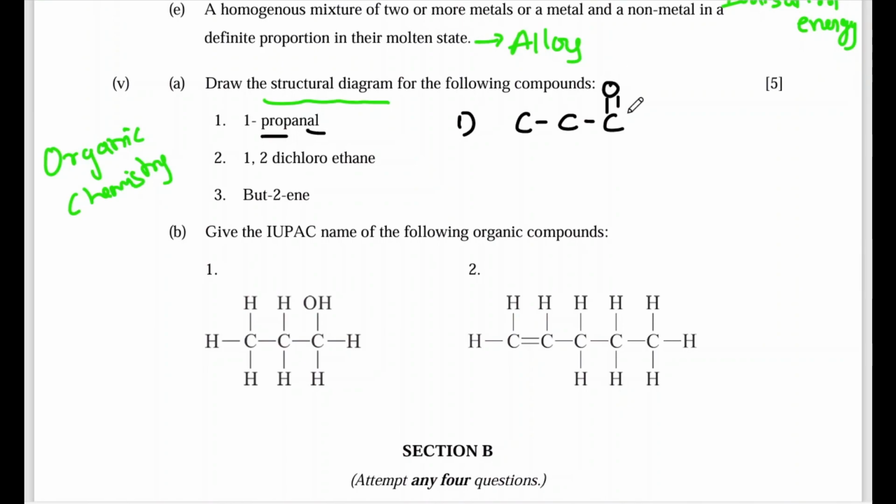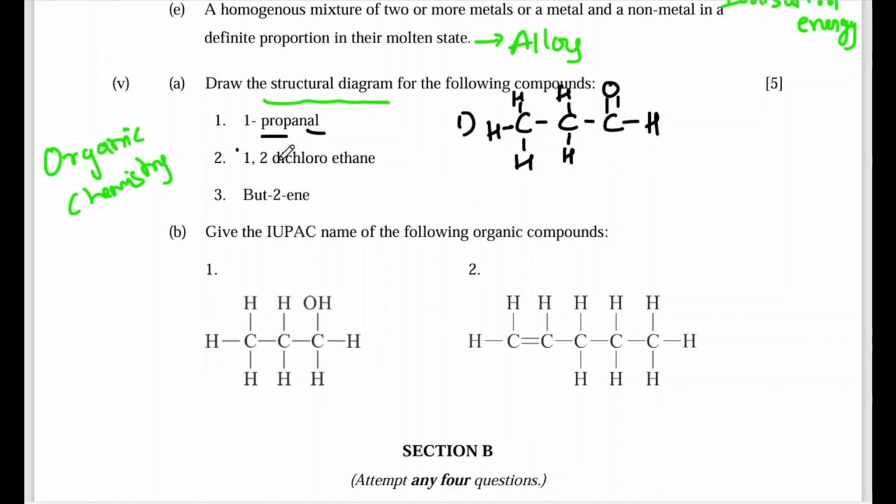So you write C double bond O and H. Remaining single bonds. First you write, every carbon should have 4 bonds around it. It should not be 5, it should not be 3, it should be 4. Then just write the hydrogen atoms around it. So you have to show all the bonds here. Okay. 1 means the position of the aldehyde group is 1. It is always will be 1.